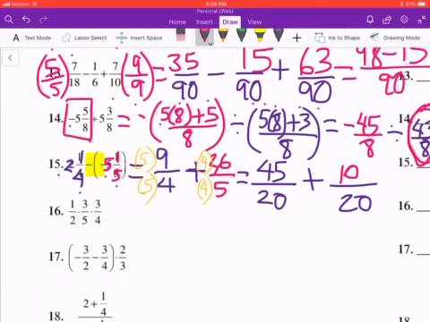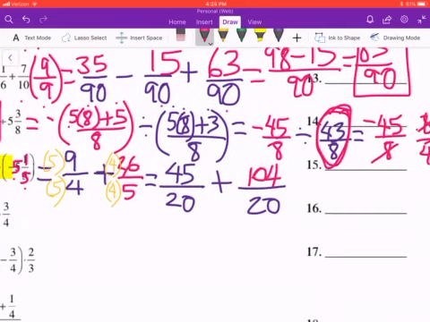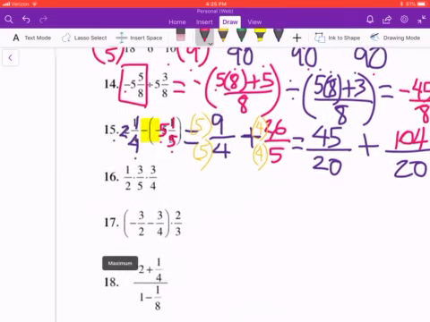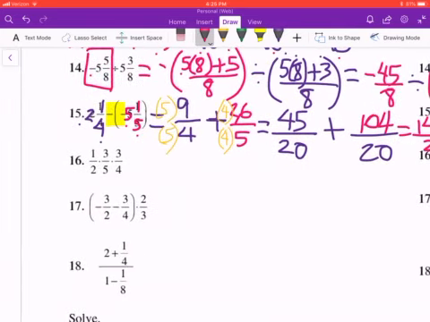So 104 over 20. Then if we add these two numbers, 104 plus 45, we're going to get 149 over 20. And if we were to turn that into a mixed fraction, it would be 7 and 9 over 20. And that is the end for problem 15.